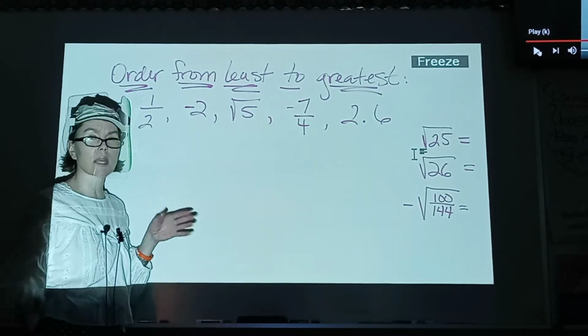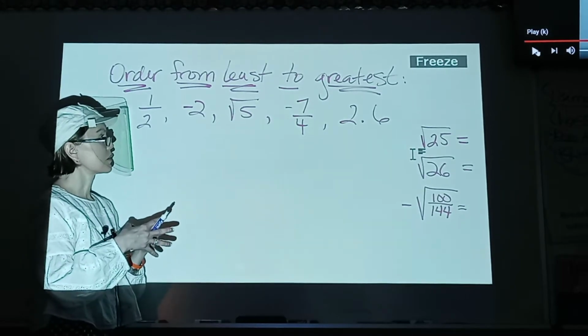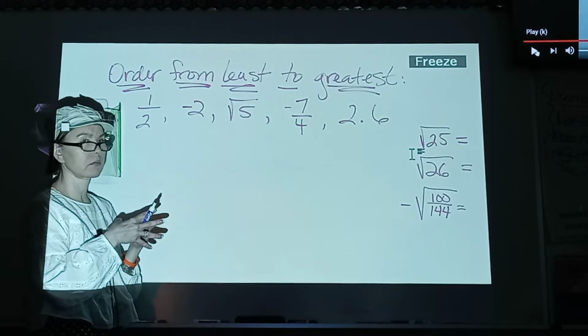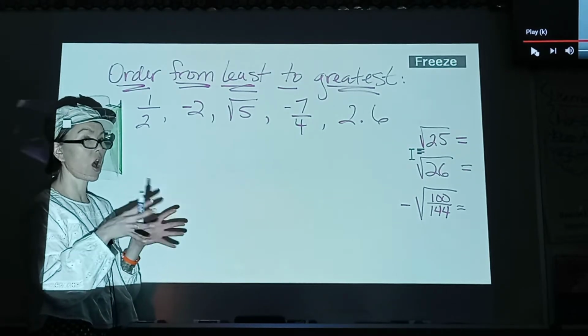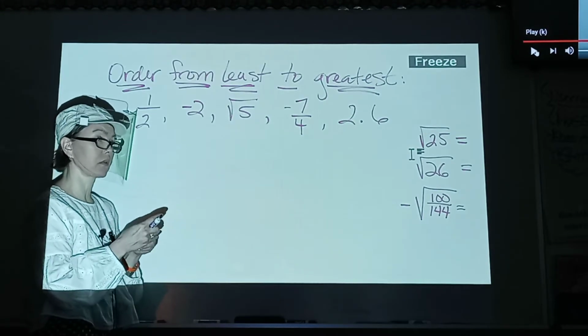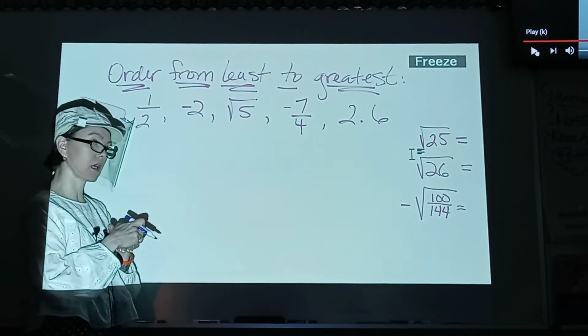Okay, so here is the secret. You need to put these into decimal form, all of them, so that you can compare them. All right, so that's a positive 1/2.